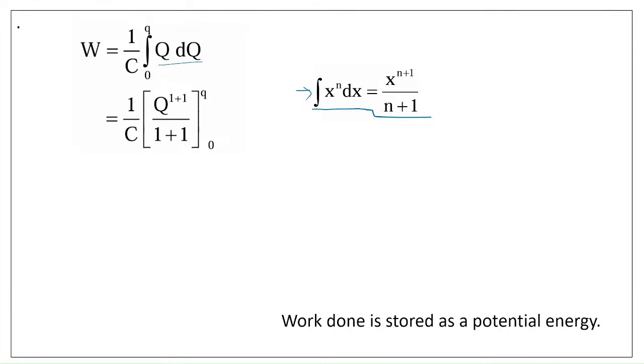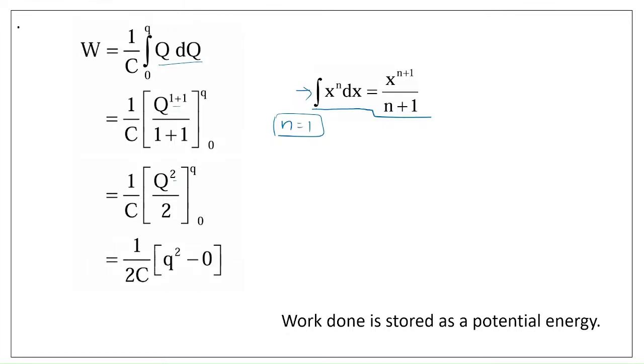So, we can write W is equal to 1 by C into q to the power 1 plus 1 by 1 plus 1 from 0 to Q. That can be written as W is equal to 1 by C into q to the power 2 by 2 from 0 to Q. On taking 1 by 2 outside, W is equal to 1 by 2C into Q square minus 0. Finally we get W is equal to Q square by 2C.